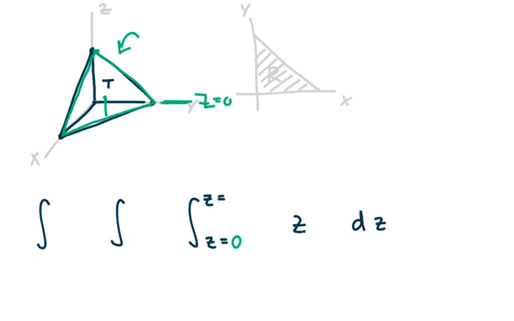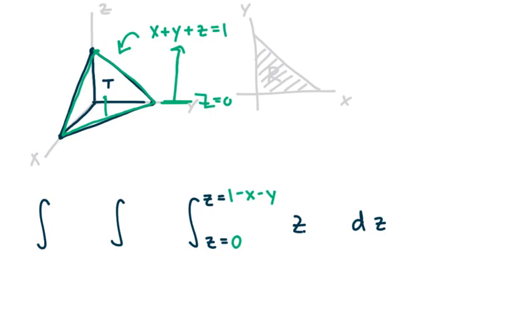And we said that plane was defined as x plus y plus z equals 1. So can I write that in terms of z? That would be z equals 1 minus x minus y. So we've come up from 0 to touch that slanted plane.